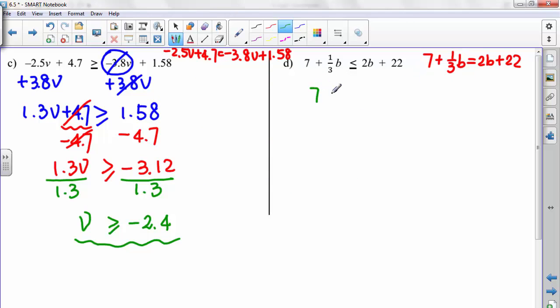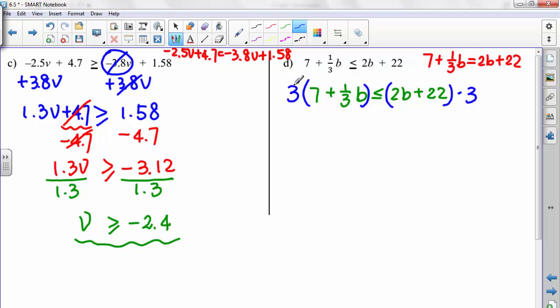I have 3 in the denominator, and this is the only denominator in the inequality. So I want to cancel it by multiplying both sides of the inequality by 3. Since you multiply both sides by a positive number, there's no need to change the direction of the inequality sign. This is why I still keep less than or equal to.